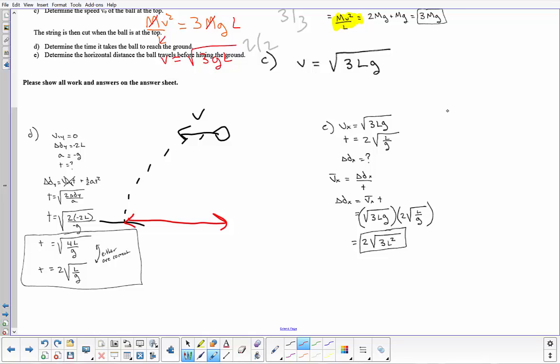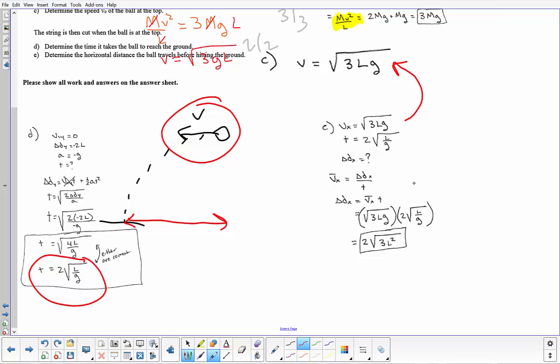We know that the initial horizontal velocity is what we determined earlier in part C. That is the velocity that we're using here. We now know the time it takes to fall. We got that from part D. And we're looking for that x displacement.